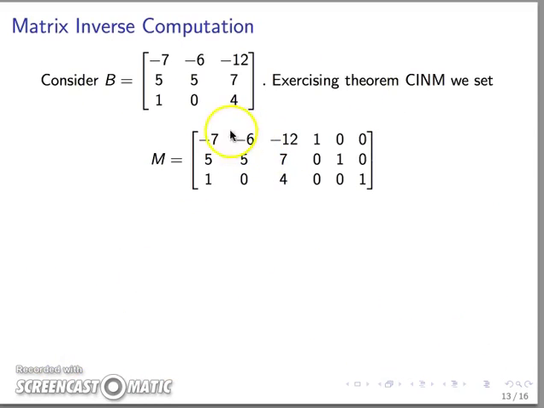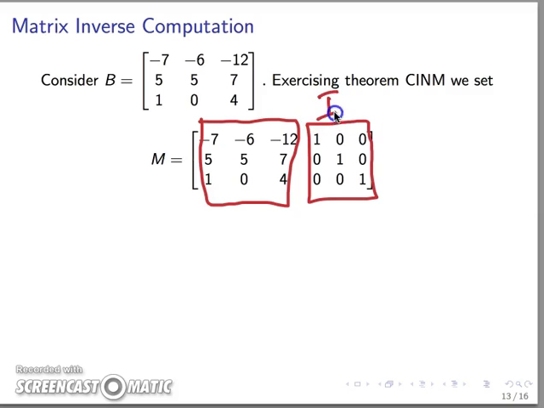So let's see this more concretely. Here we have a matrix B, and this is the first square. We augment that square with another square, which is the matrix I, the identity. So here's the matrix B and the matrix I, and now the idea is to compute the RREF of this rectangular matrix.